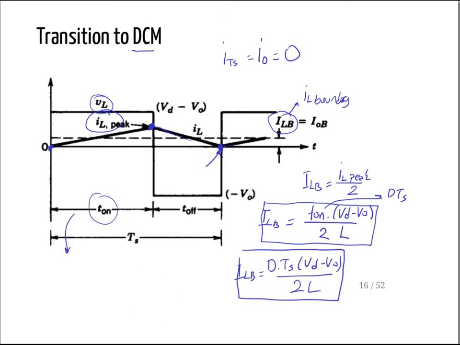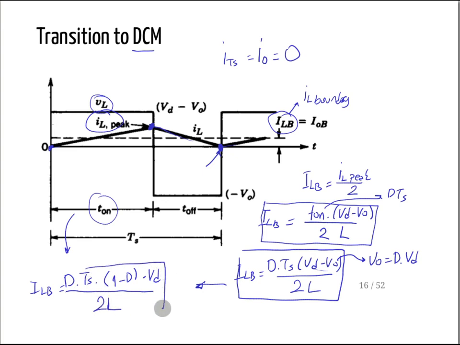It is still in the continuous conduction mode, so I can write the output voltage as V output equal to D times VD. So ILB is equal to D times TS times 1 minus D times VD divided by 2L.